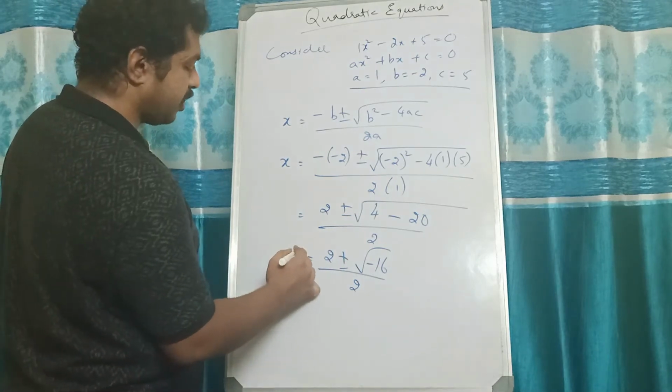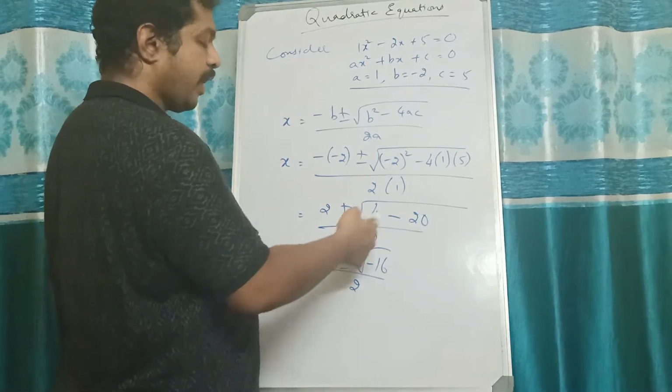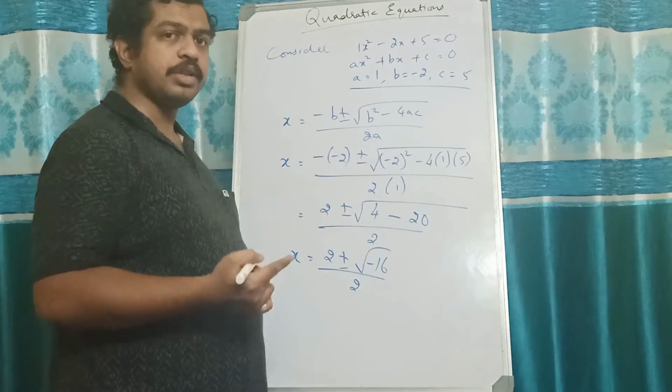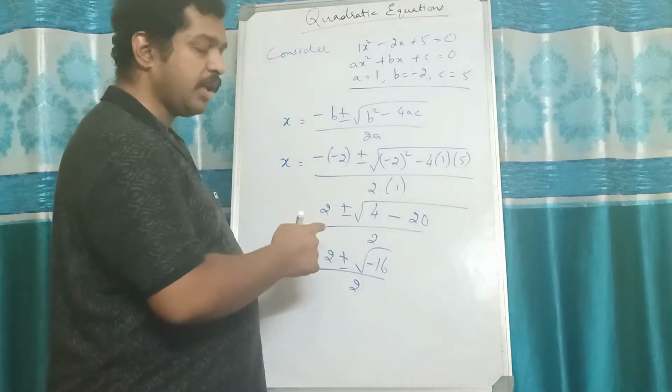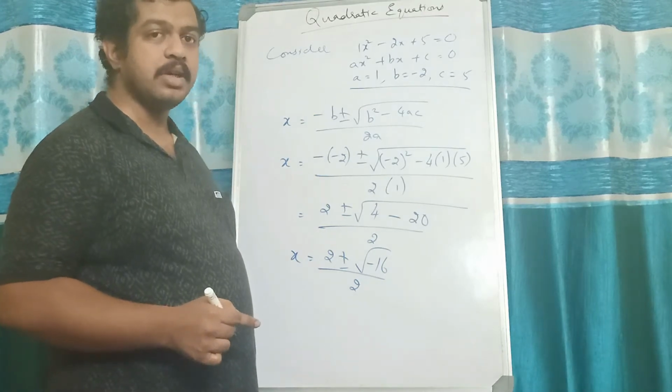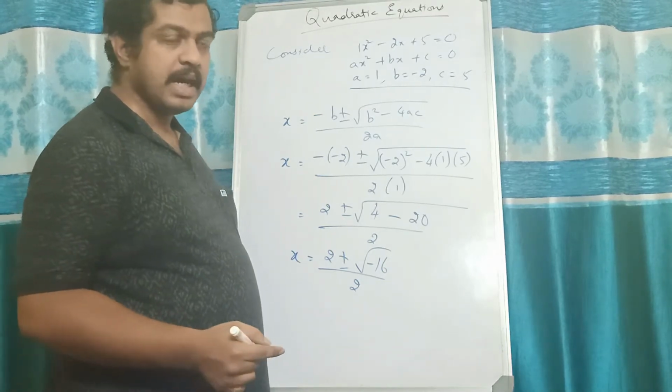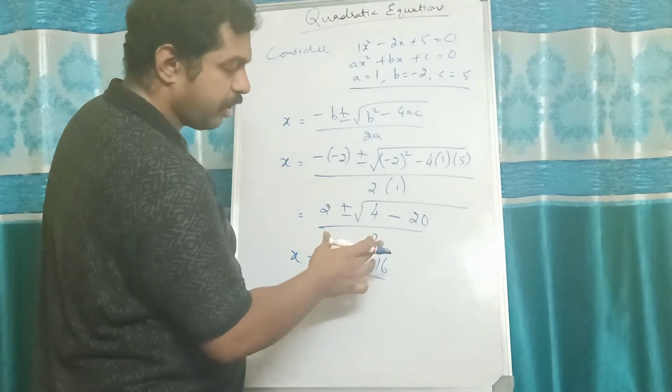We can remain this itself as our answer because square root of a negative number is not at all defined anywhere in the set of all real numbers, right? It is only defined in the set of all complex numbers, which is beyond the scope of your syllabus. Hence, we will keep it as it is.